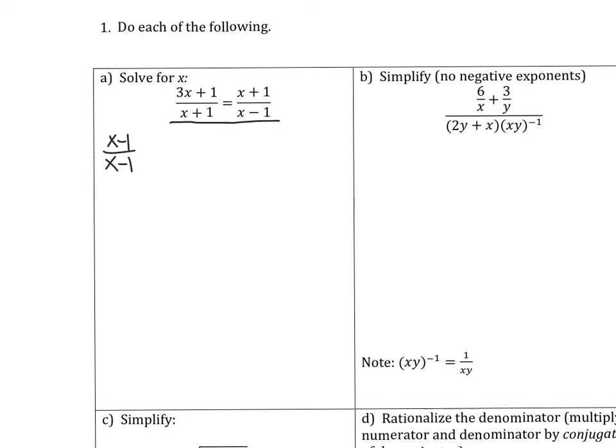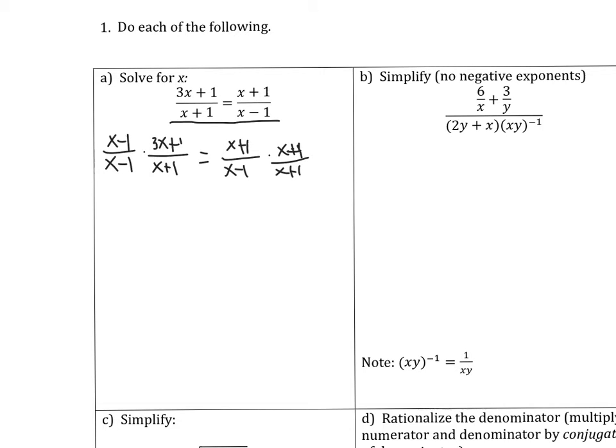So x minus 1 times 3x plus 1 over x plus 1 equals x plus 1 over x minus 1 times x plus 1 over x plus 1.